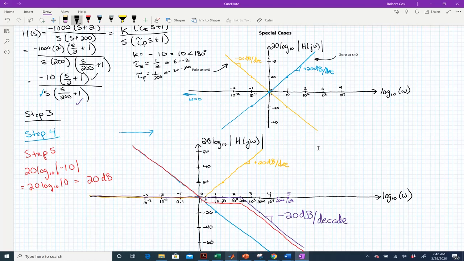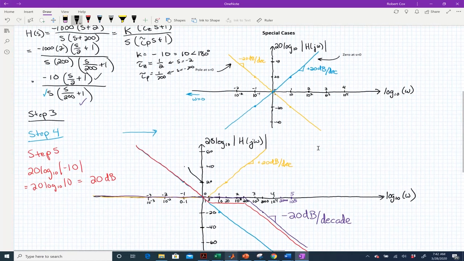And at omega equals 0.1, I was equal to minus 1, so I need to be equal to plus 40 dB. So my overall graph is going to look something like this. It started moving on me here. It's parallel, everything is shifted up. So this is plus 20.